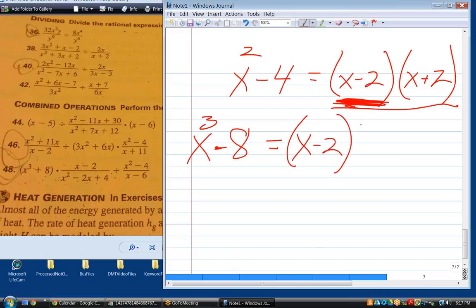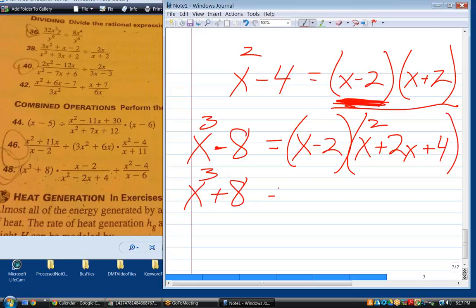That's why I remember the other way, that way. This is x cubed, opposite sign, that times that, which would be 2x, always like that. What is x cubed plus 8 factor into?